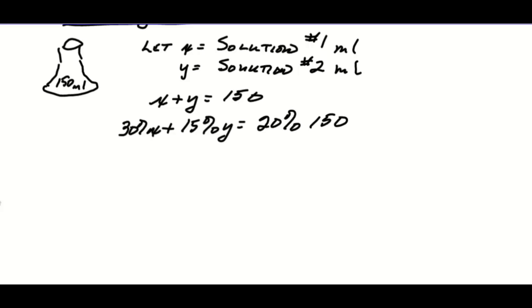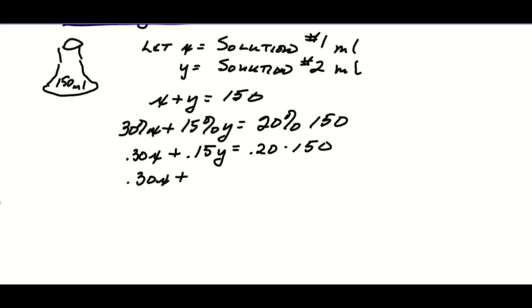But we just have a bunch of percentages listed there. What we remember from percents, that's back in basic 1 or maybe in high school, is 30% converted to a decimal is 0.30X plus 0.15Y equals 0.20 times 150.